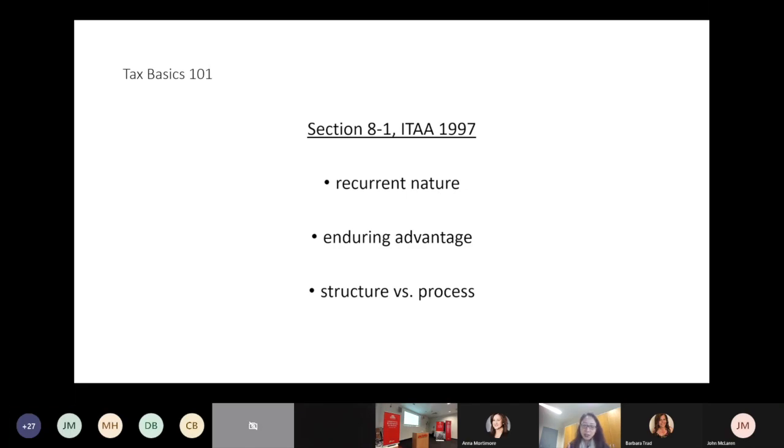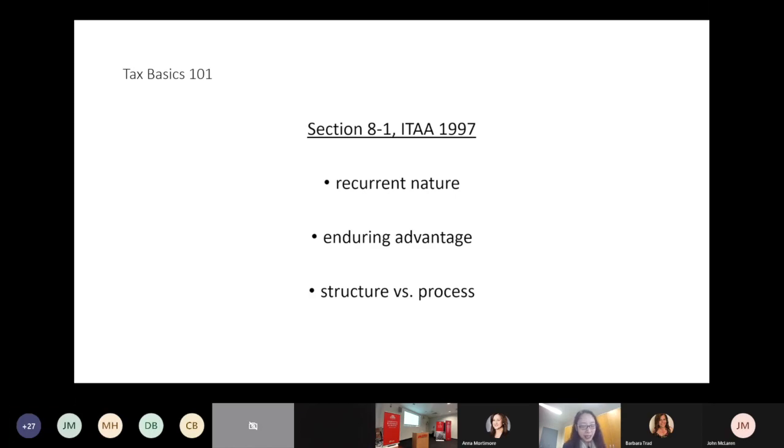In other words, capital expenses are not deductible under Section 8-1, and case law governs what is or is not a capital expense. In case law, we've learned that there are three primary tests. Number one, the recurrence test. Number two, the enduring advantage test. And the third one being the structure versus process test.